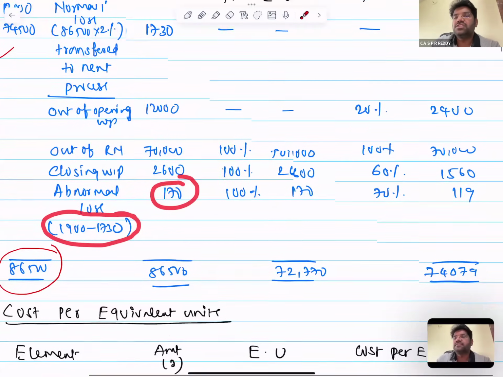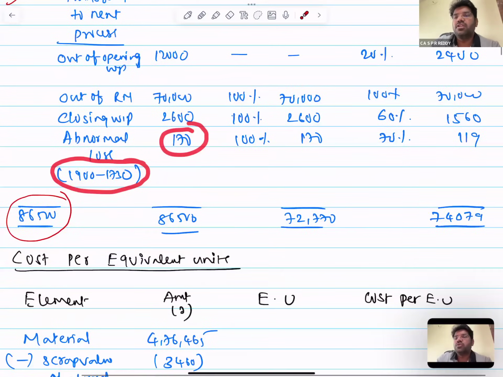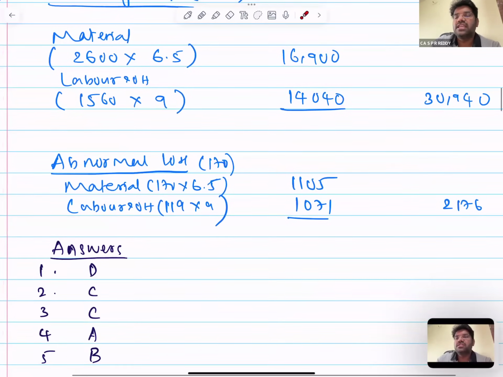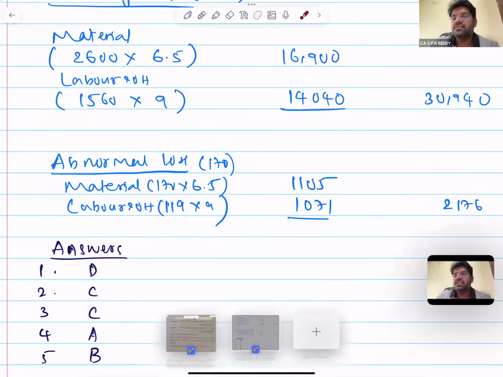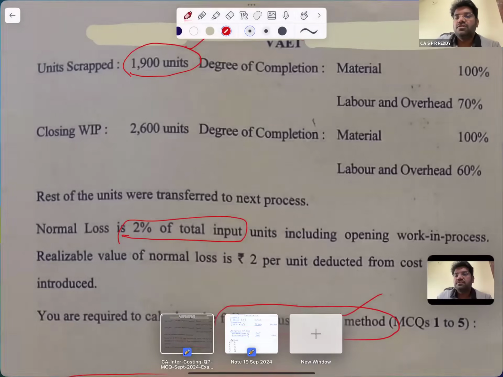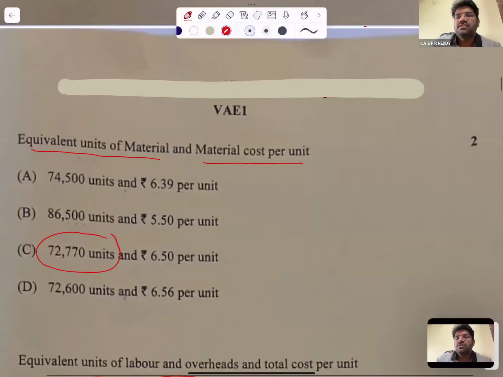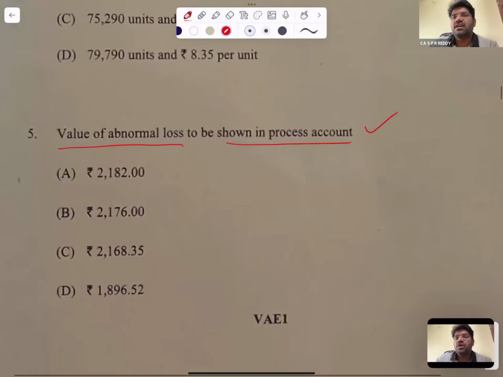So 170 units valuation I've done here. Abnormal loss: material component 170 into 6.5, labor and overheads equivalent units 119 into cost per equivalent unit. So 2,176 is the answer here. Option B is the correct answer.